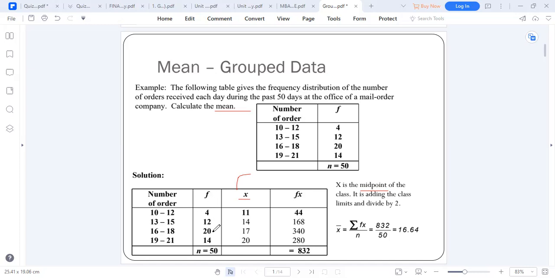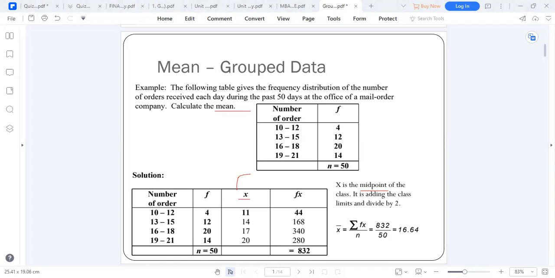When we total up the sum of the frequencies, we get our sample size n. So dividing the sum of fx by n gives us our mean.